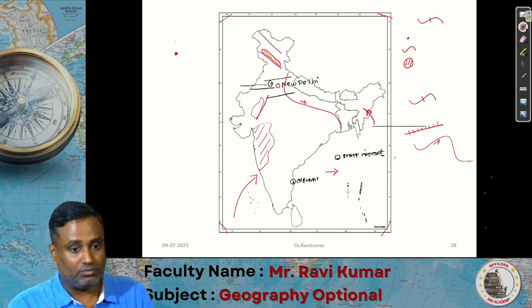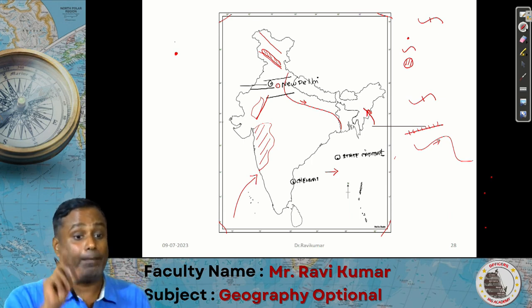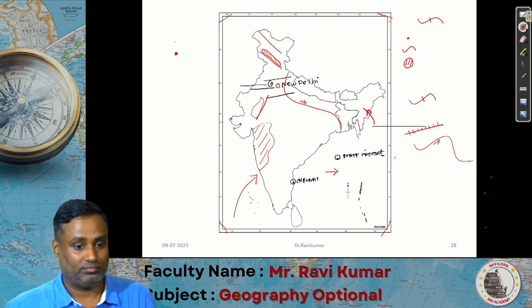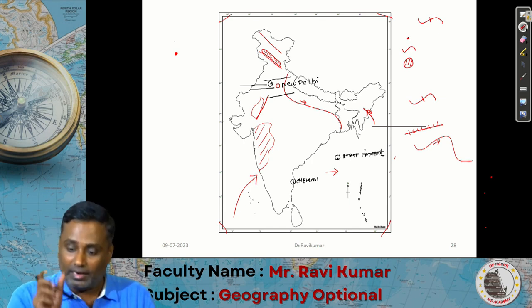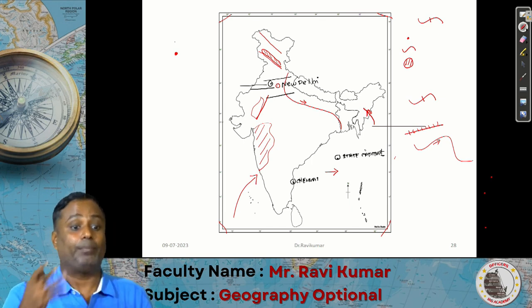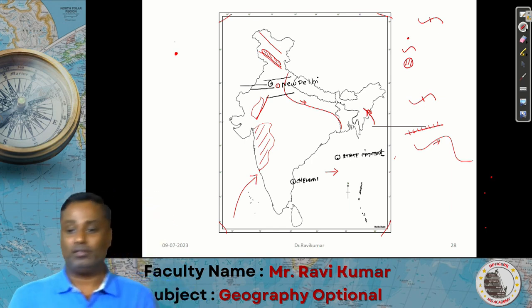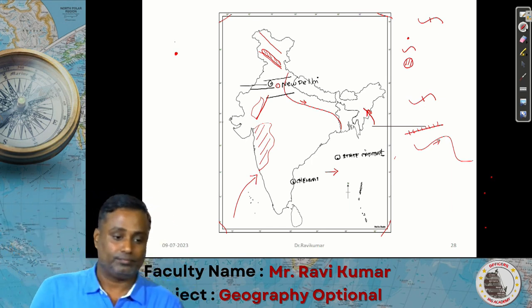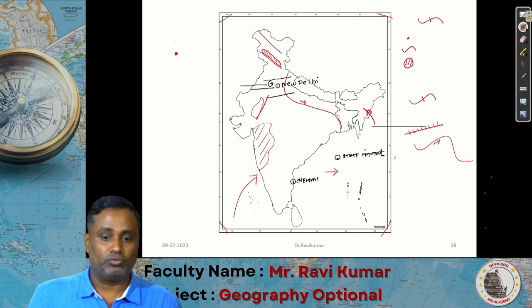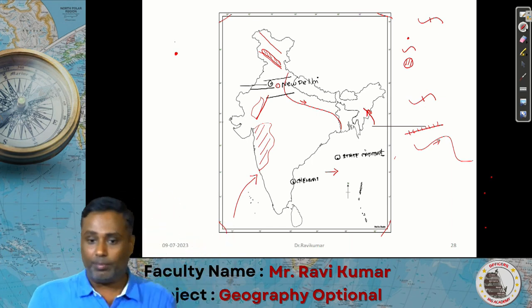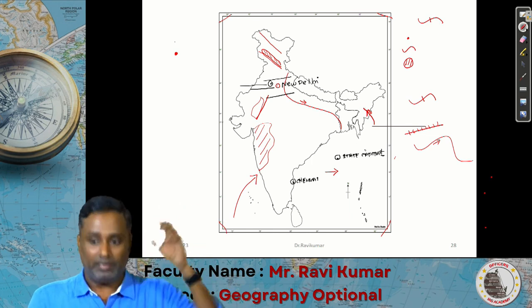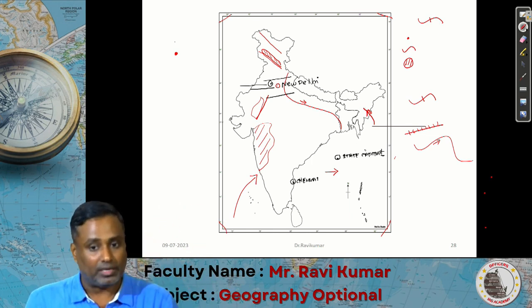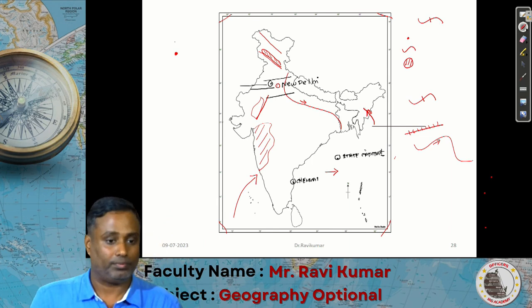Capital letters will be used to write only the capital city names, not any other names, because capital letters themselves are a symbol of a capital. We should not use them for any other cities. In a world map, use them only for country capitals. In India, use them only for state capitals in the India map.